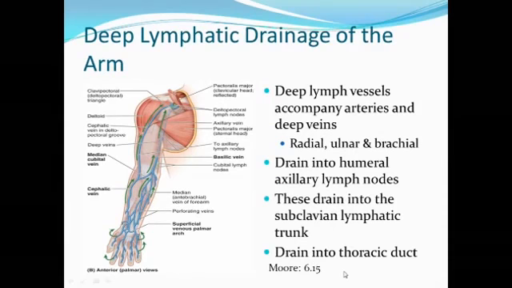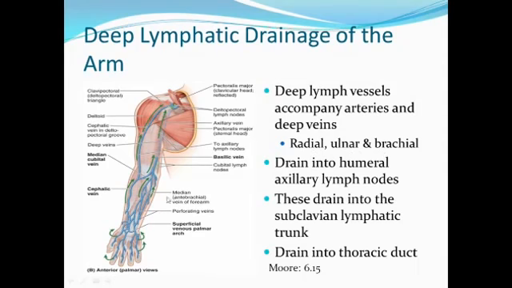Considering the deep lymphatic drainage of the arm, these deep lymph vessels will accompany the arteries and also the deep veins that are running alongside of the arteries. So the names of these vessels would include the radial artery and veins, ulnar artery and vein, and brachial artery and vein.